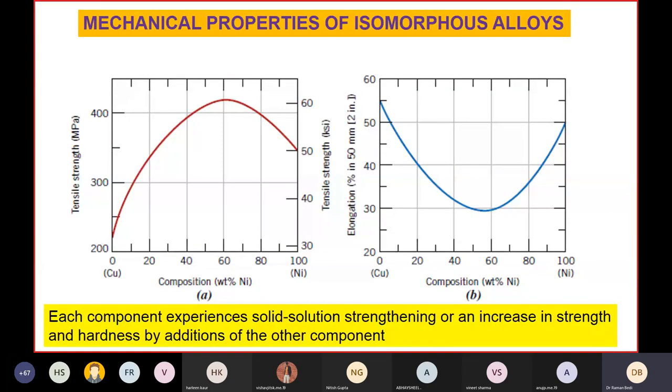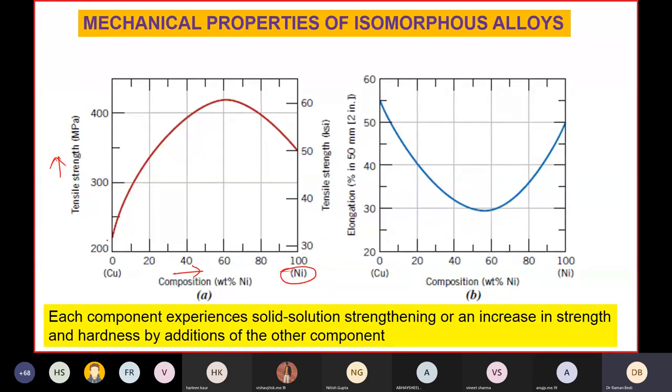Now we already said that you go for alloying just to increase the mechanical properties because of solid solution strengthening. This is what is observed in the case of your copper nickel isomorphous system, where I'm plotting tensile strength versus composition in terms of nickel percentage.